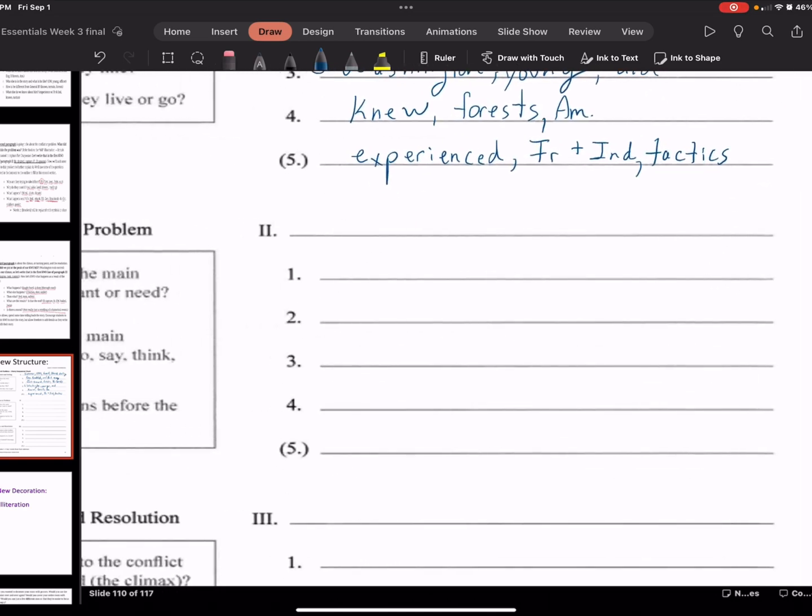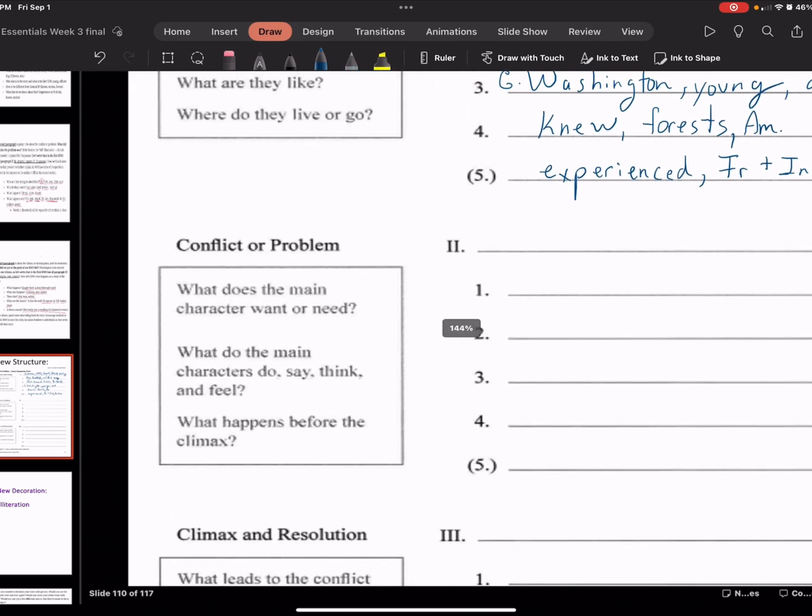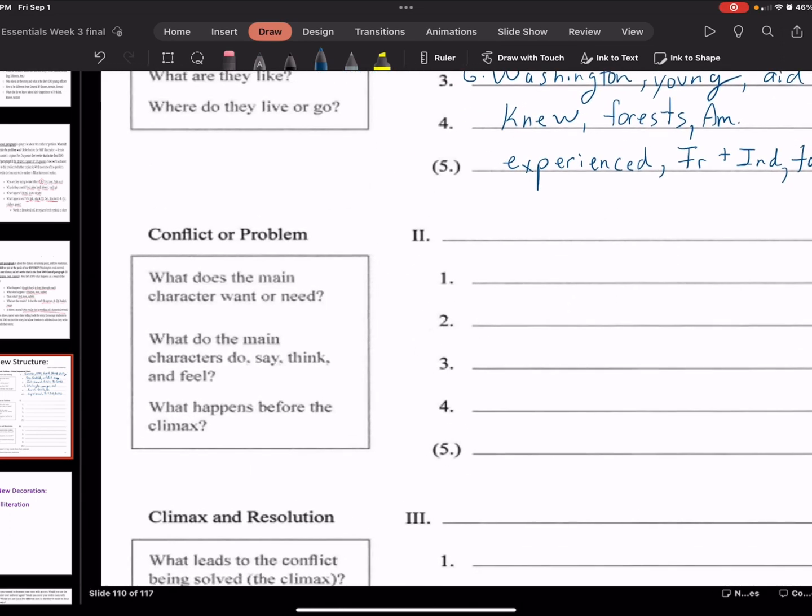Oops, we need a comma there, don't we? Okay. Then we're going to go to the conflict or the problem. What does the main character want or need?